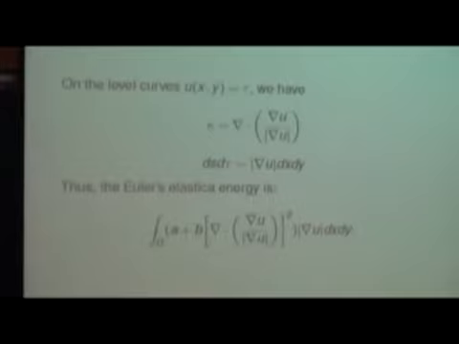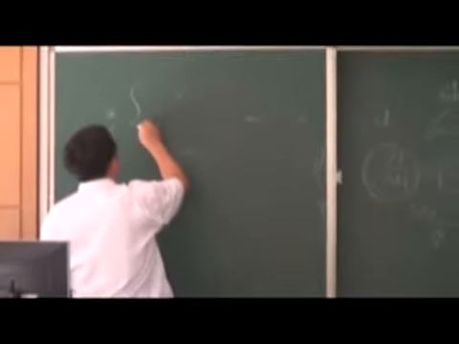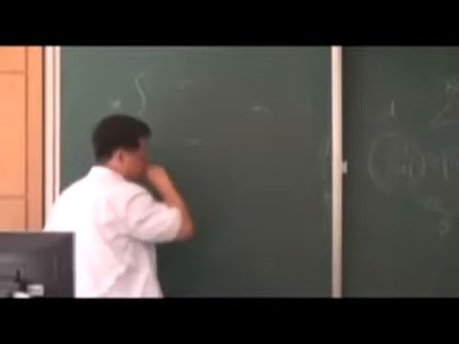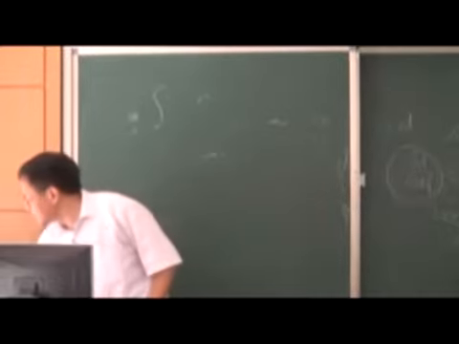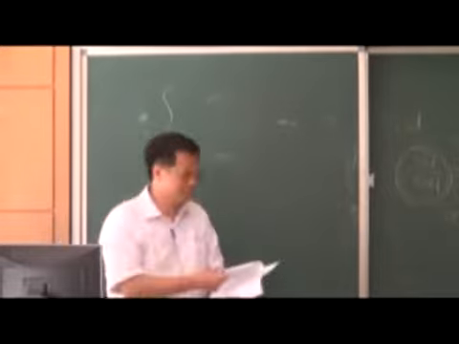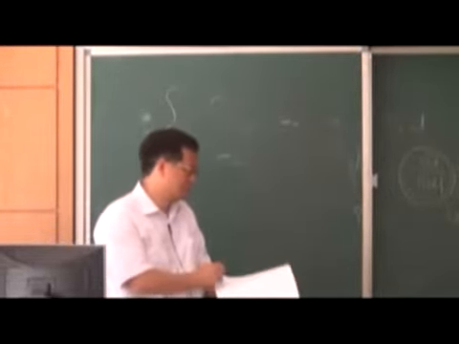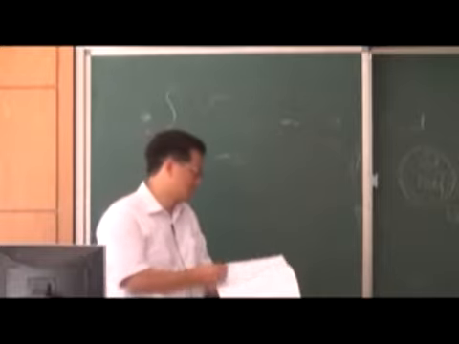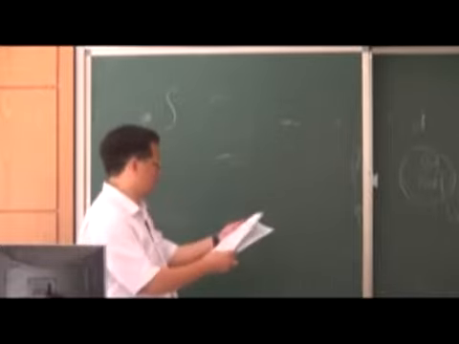So the co-area formula for 2D functions essentially says... I have a co-area formula somewhere there. So this is the so-called co-area formula.